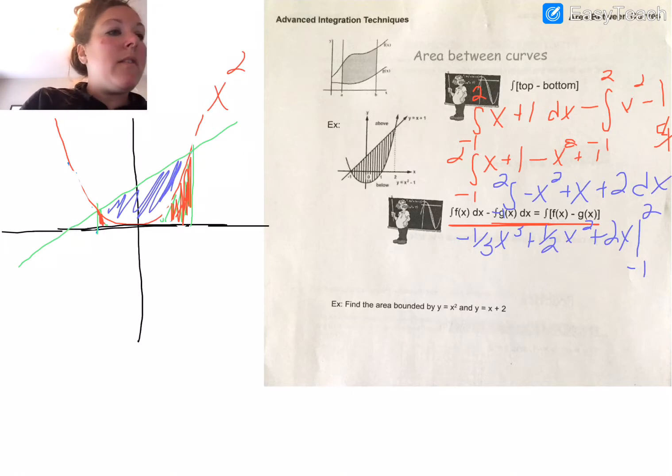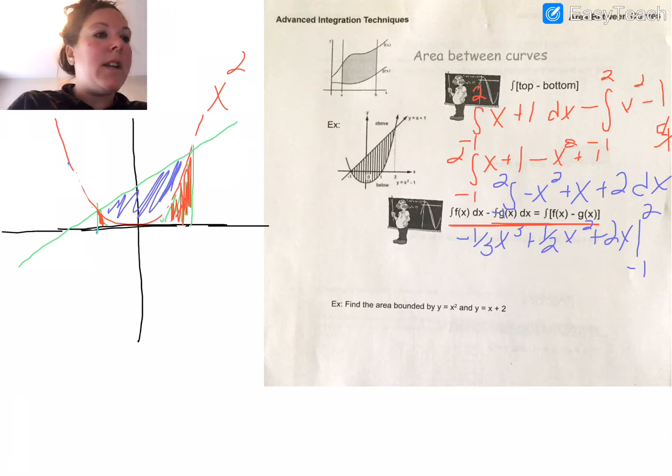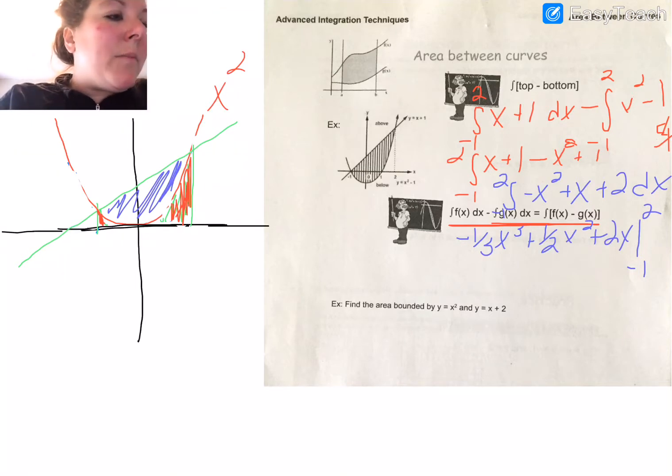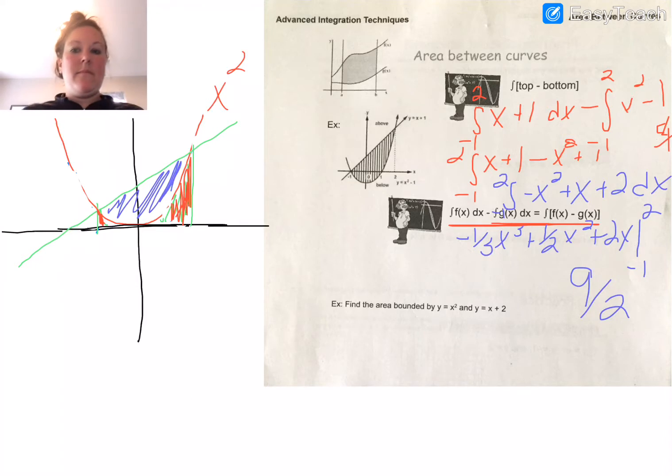So you could pause the video right now and do your number crunching by plugging in your 2 and then plugging in your -1. Okay, so at the end, after I plugged in my 2 and my -1, I ended up with 9/2, or 4.5, for that problem.